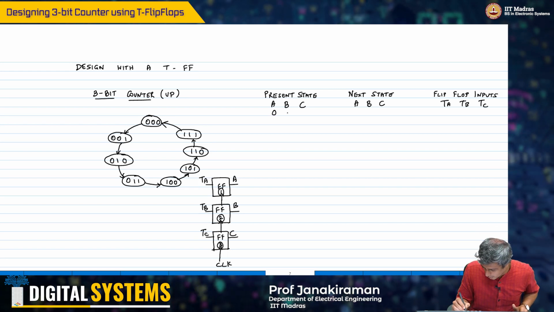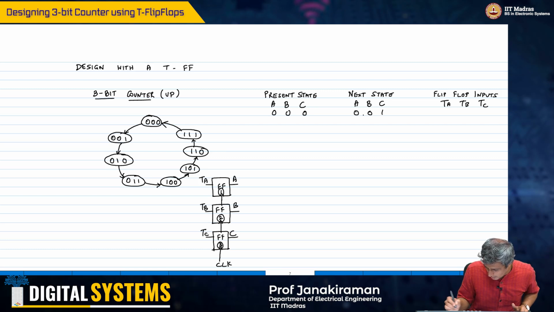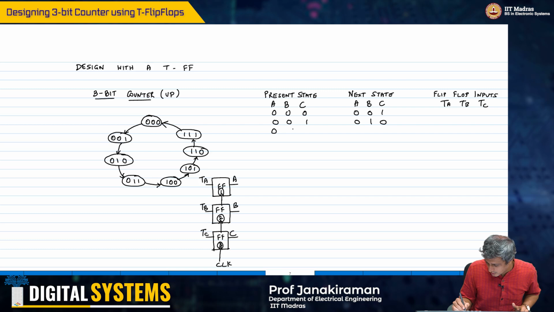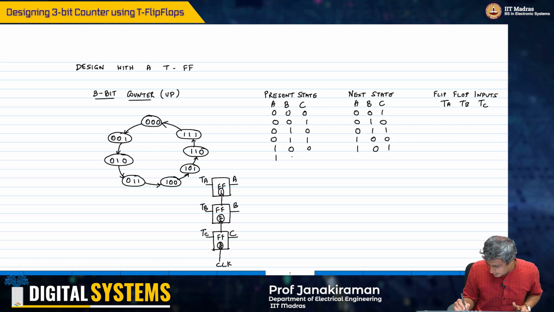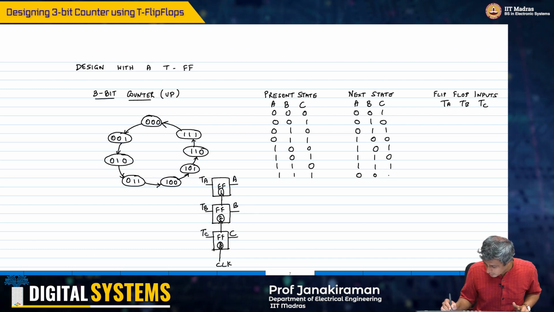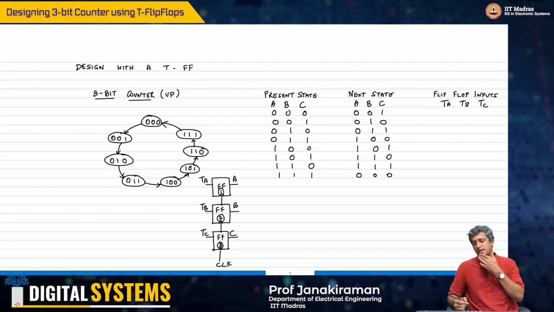Okay, so if it is 0 0 0, you go to 0 0 1; 0 0 1, you go to 0 1 0; 0 1 0, you go to 0 1 1; 0 1 1, you go to 1 0 0; 1 0 0, from 4 you go to 5, 1 0 1, you go to 6, 6 you go to 7, from 7 you go back to 0. So this is the next state that we need.